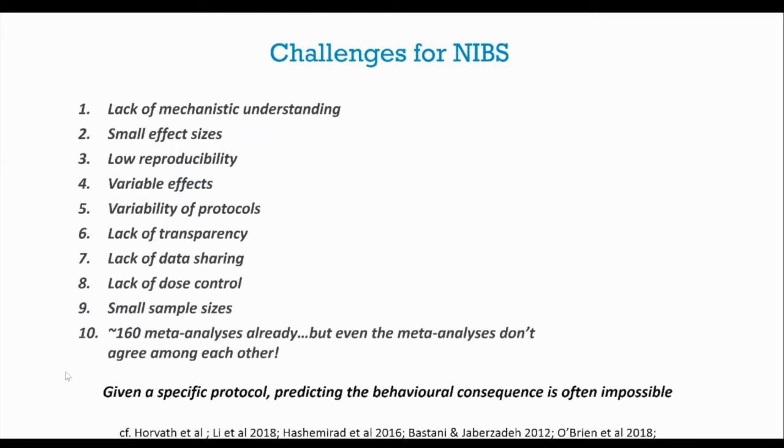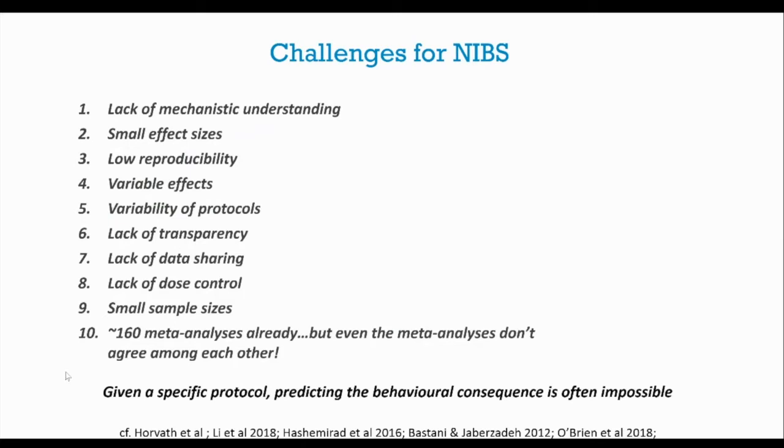Now, there are challenges and reasons why that is the case, and a lot of them are probably related. Some of them are listed here. In part, it's due to a lack of mechanistic understanding, but there are also a lot of methodological issues. That comes with the complexity of the technique, different ways of using these techniques across labs, and the fact that these techniques can be quite variable and effect sizes can be small.